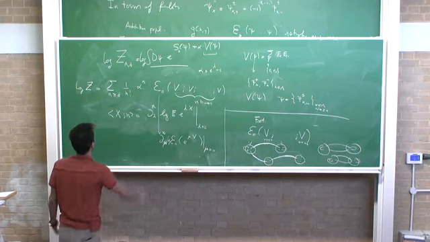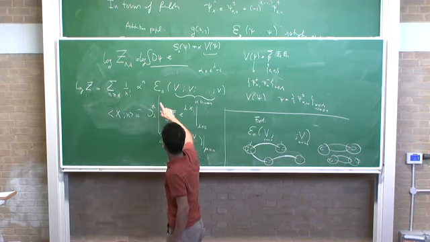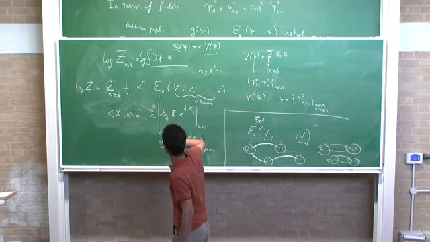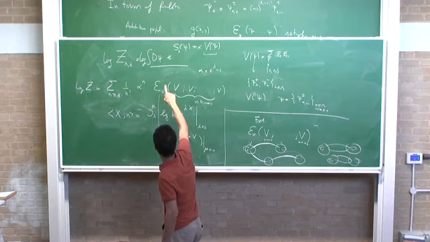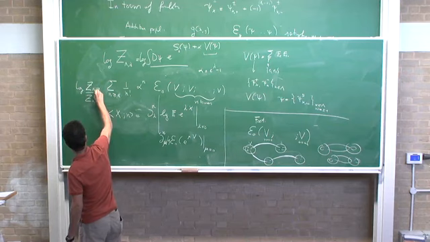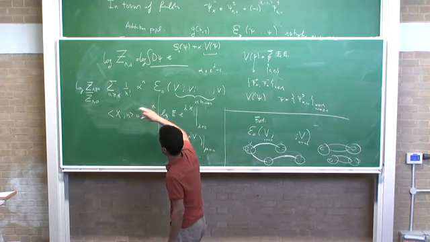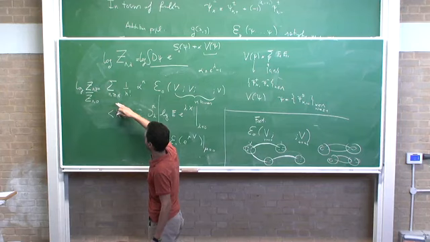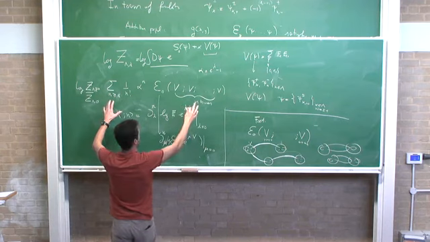You should write an extra term: either you write on the left log of Z divided by Z0, or you add on the right log of Z0. Yes, thanks. So in fact, this way, if I set alpha to 0, I get 0 as I should. Okay, so you have this expansion.